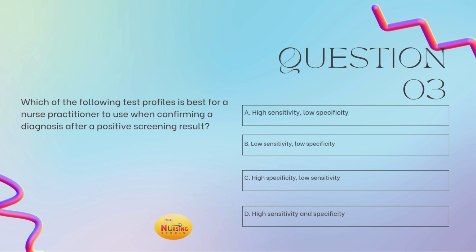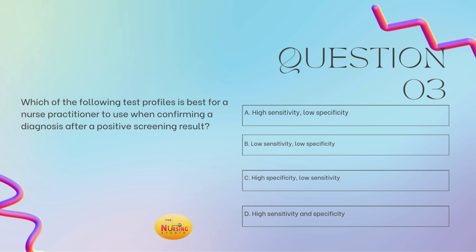So here we go. Which of the following test profiles is best for a nurse practitioner to use when confirming a diagnosis after a positive screening result? So when you're trying to confirm a diagnosis, especially after a positive screening result, C would be your best answer. You want it to be highly specific and low sensitivity.